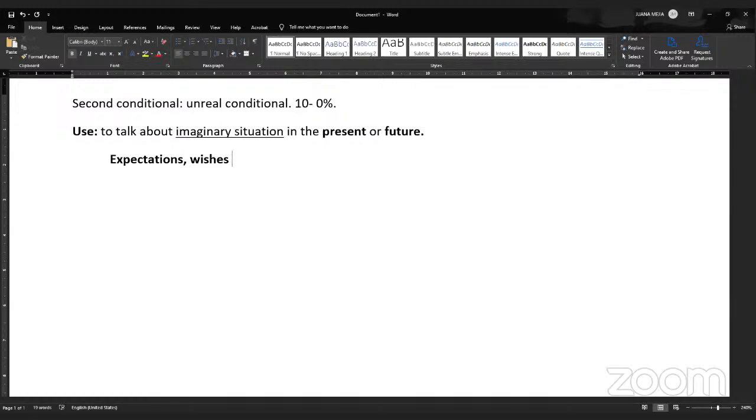And number 3, and note that number 3 is a bit important, desires. So be careful with this word. Don't misunderstand. So the second conditional we also use for our expectations, wishes, or desires. What is expectation for you guys? What do you understand by the word expectation?